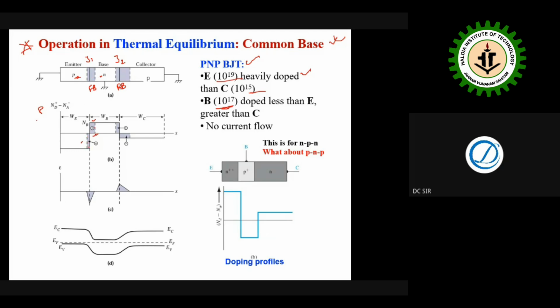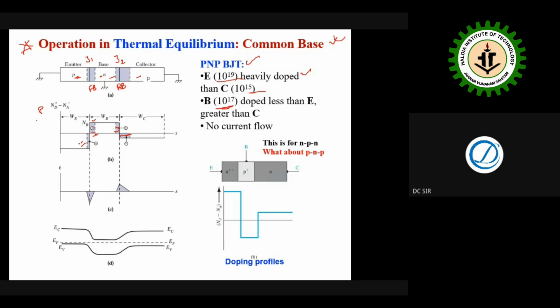According to the picture, this width is smaller than this width. Similarly here, P and N, where N is more heavily doped than the P, so this one is very small compared to this.